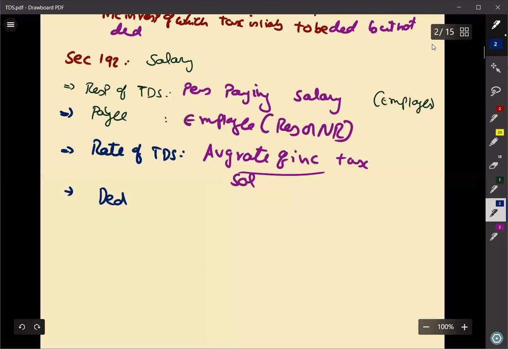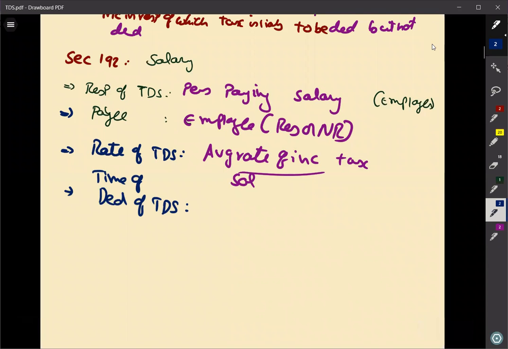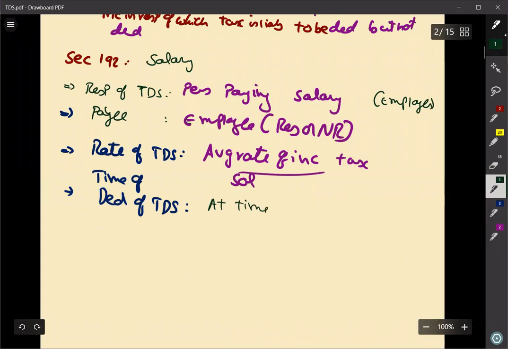Time of deduction of TDS. That is one of the most important points. The provision clearly says you need to deduct the TDS at the time of payment of salary. When you make payment of salary, at that point of time, you are supposed to deduct the TDS.